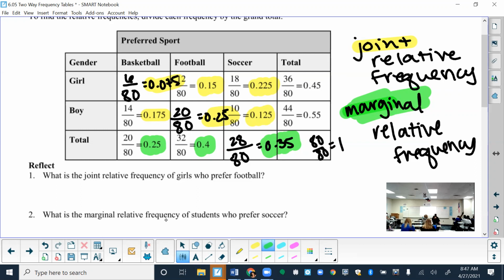Those would be good test questions. Yes, go ahead. Are they asking for the decimal? You could list it as a decimal or a percent. So the decimal or percent of girls who prefer football.